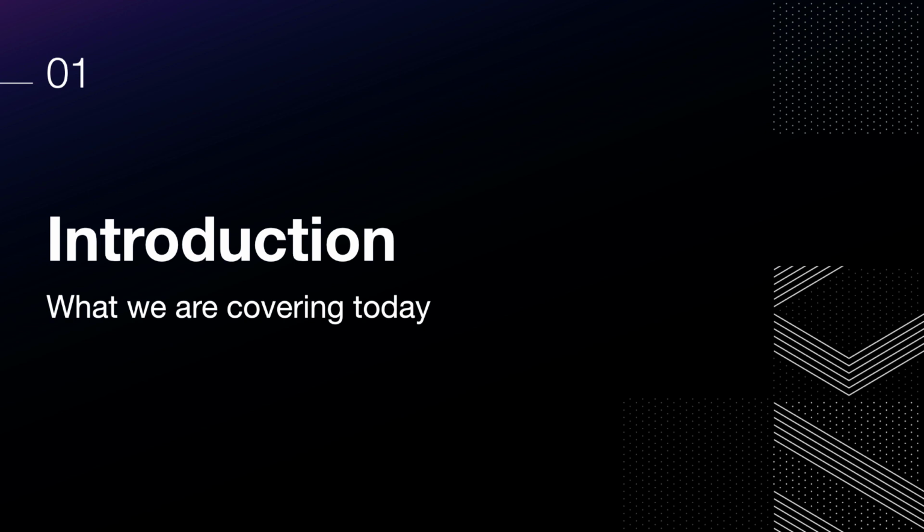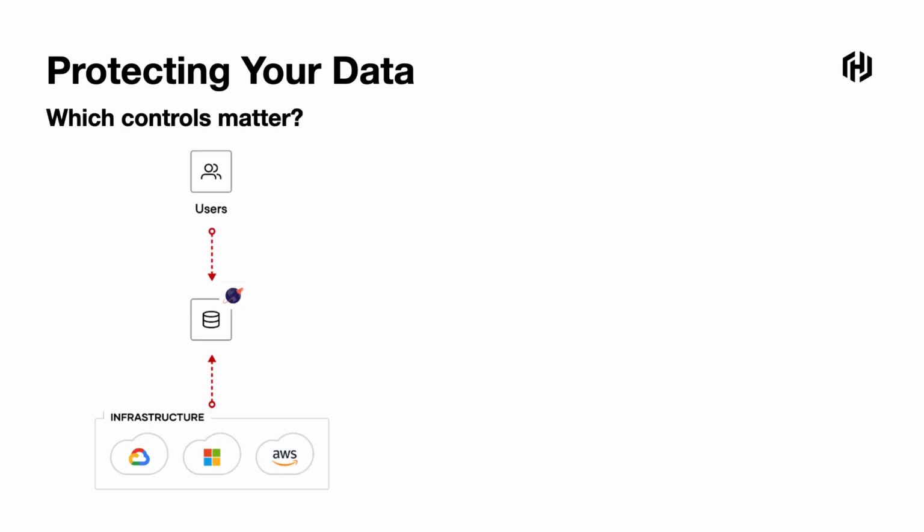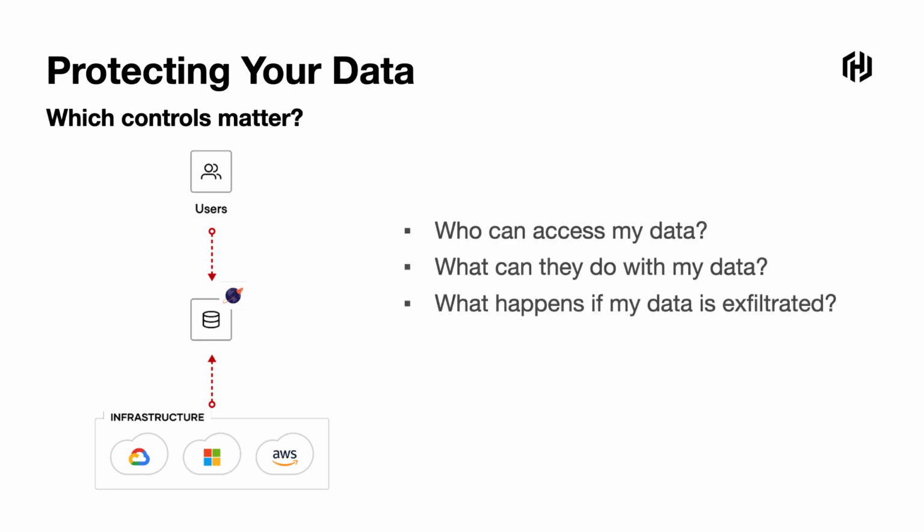So to set the scene today, I really just wanted to run through some of the themes that we're going to be looking at. First of all, it's really about protecting your data. And when we look at how databases are consumed, there are really two main consumers, right? It's going to be users, such as your database administrators, and it's going to be infrastructure and applications that are probably going to be running on one of those public clouds.